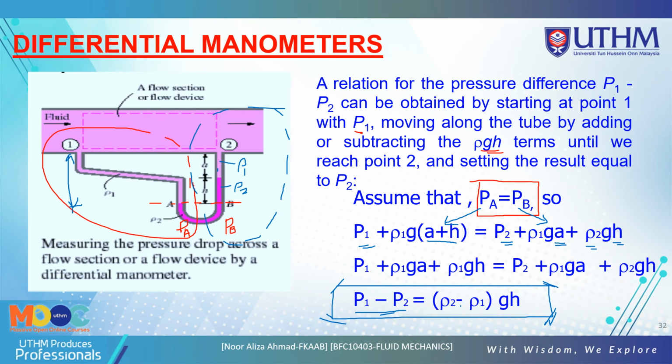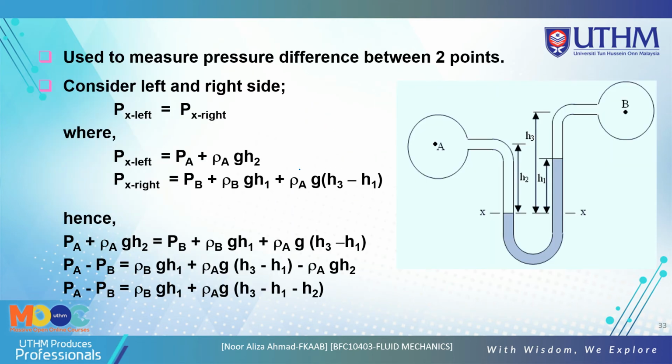This is also the concept of a differential manometer here. They must consider this PA and PB, because this is not open to the atmosphere, so they must consider the pressure gauge in this tank and also this tank. Now we look at the left and right side. This is called the left side and this is called the right side.